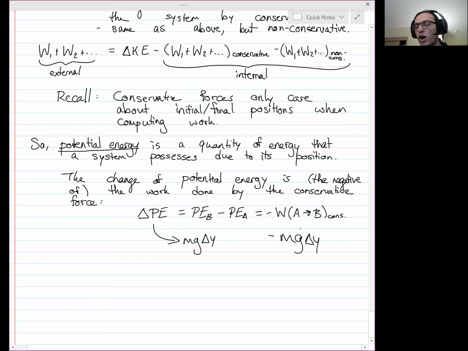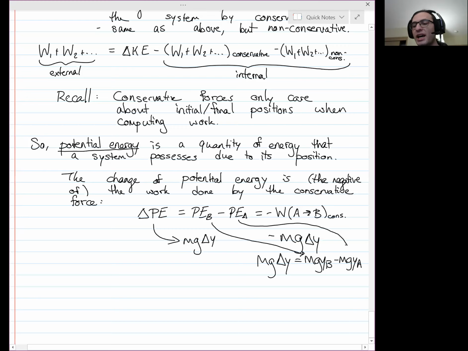So if all we're doing is sticking a negative sign in front of that, we see that we could write mg delta y as mg y_B minus mg y_A. And then we just say, oh, well, the potential energy at point B is just m times g times the position at point B, and the potential energy at point A is just mg times the height at point A.